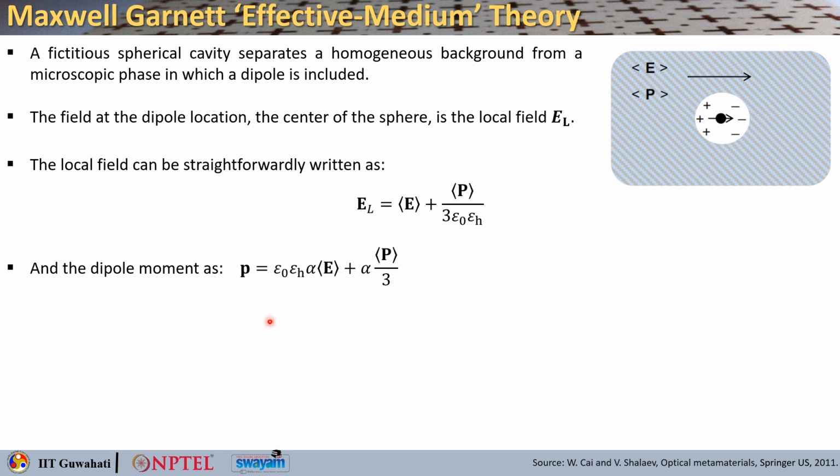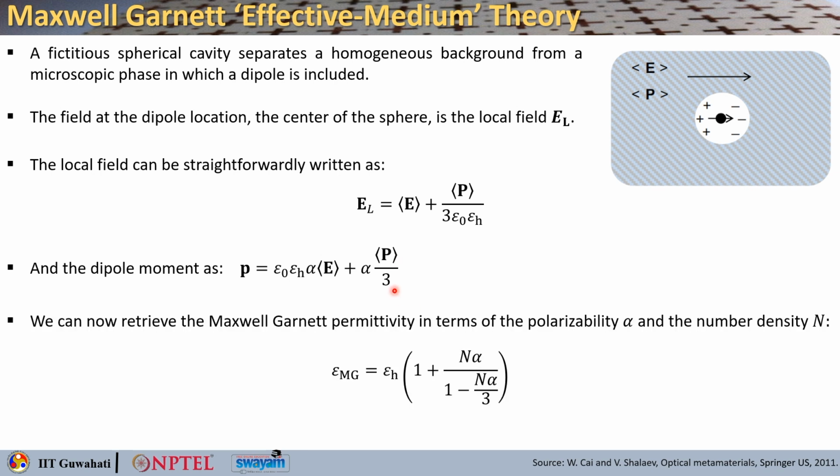And you can also write that the dipole moment small p is proportional to the electric field with the polarizability alpha. So, you can write it as epsilon naught epsilon h alpha and the average electric field plus alpha average polarization divided by 3.